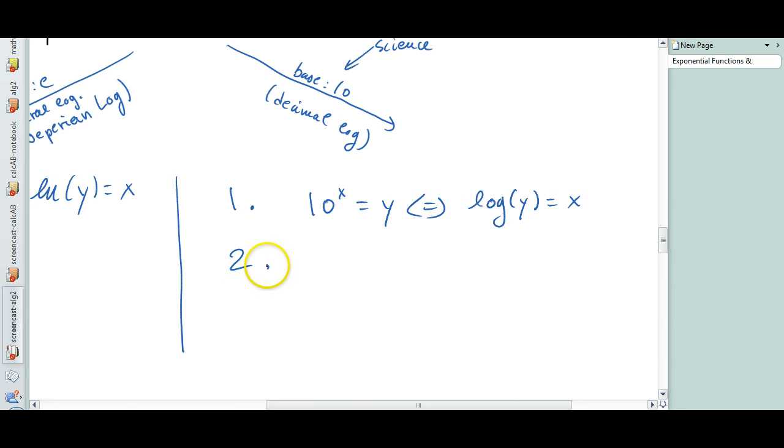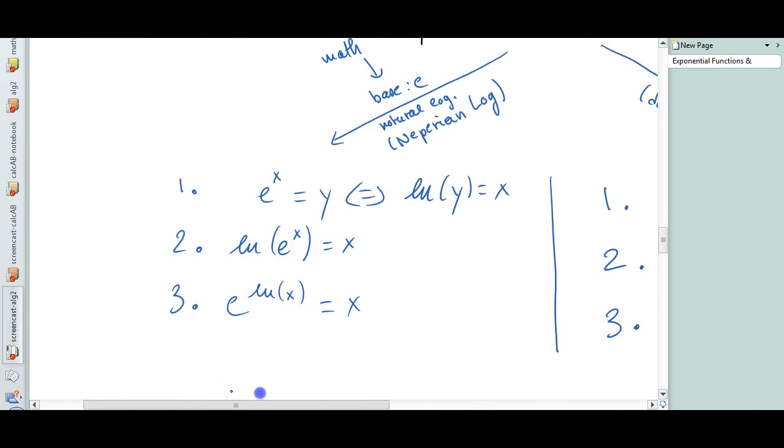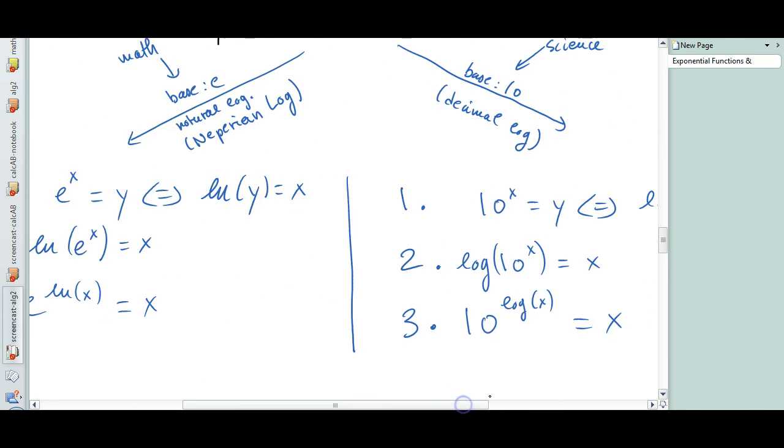Number two, you take an exponential and you plug it into the log with the same base, okay? It doesn't work if you don't have the same base. And number three, you take 10 to the power of log base 10 of x, and that again is just x, okay? So here are the properties of log and exponential.